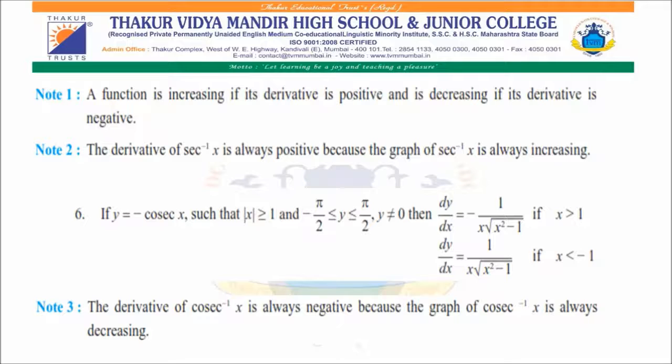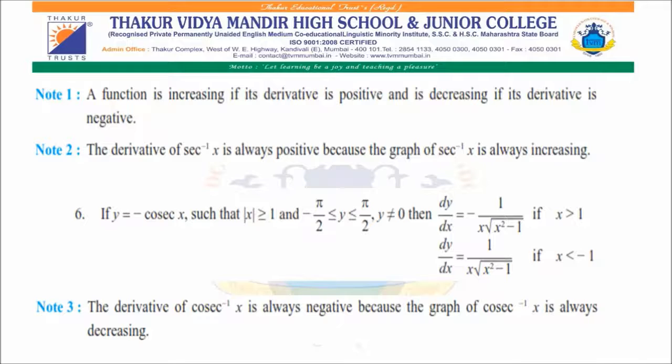If y is equal to cosec inverse x such that mod of x is more than 1 and y lies between minus pi by 2 and pi by 2, where y is not equal to 0, then dy by dx equals minus 1 upon x under root of x square minus 1 if x is more than 1, and dy by dx equals 1 upon x under root of x square minus 1 if x is less than minus 1.